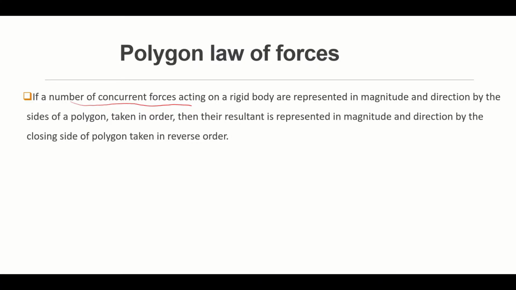If a number of concurrent forces acting on a body are represented in magnitude and direction by the sides of a polygon, then their resultant is represented in magnitude and direction by the closing side of the polygon taken in the reverse order. നമുക്ക് നോക്കാം അത്.